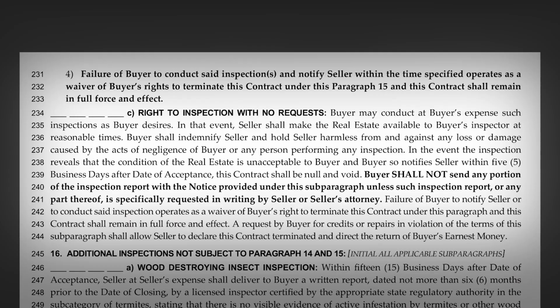If that buyer is doing an as-is, subparagraph A or subparagraph C should be that choice that they are initialing. And again, they have 5 business days to conduct the inspection and make any request if they are allowed to make requests at that time.